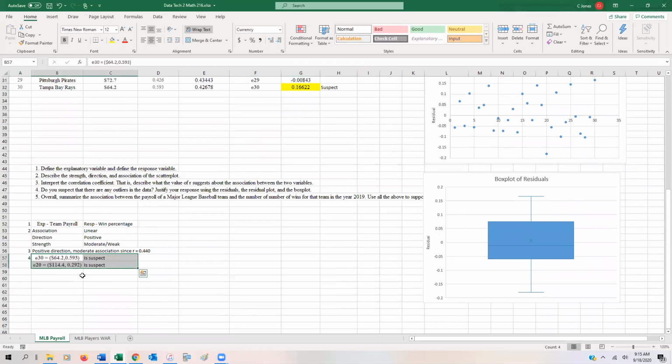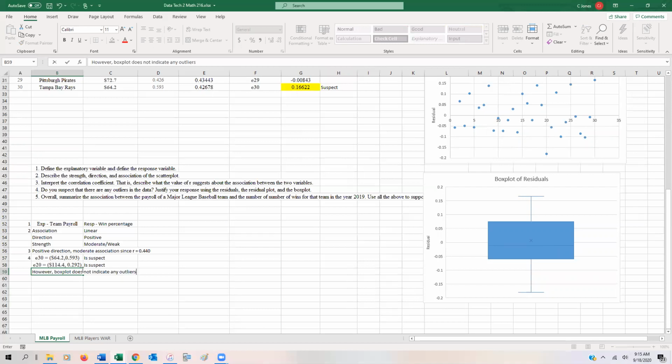So these are suspect. However, the box plot does not indicate any outliers since there are no data points beyond the whiskers.